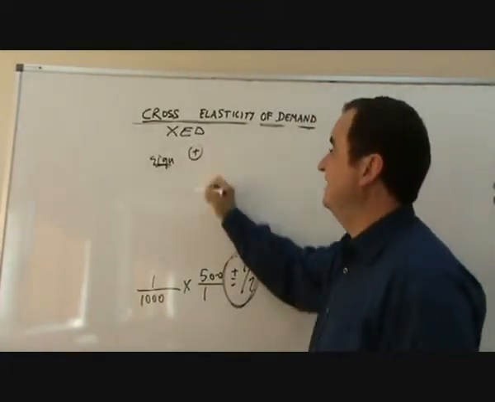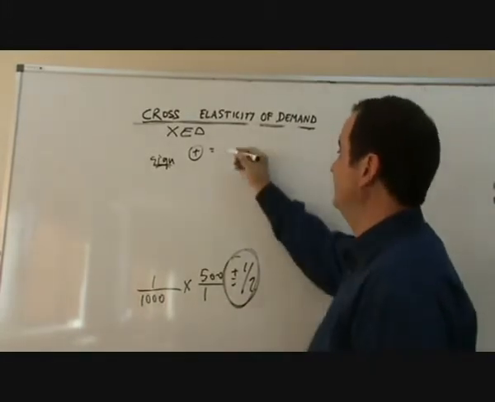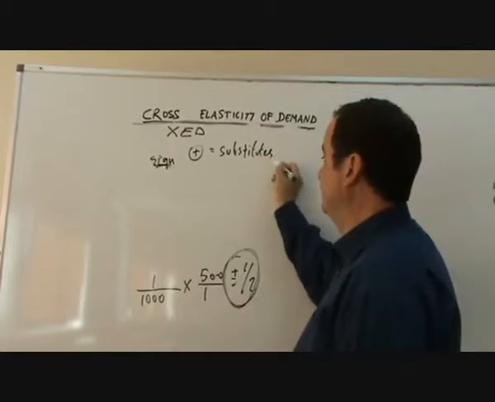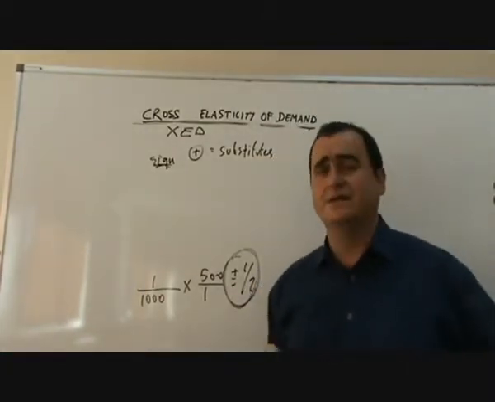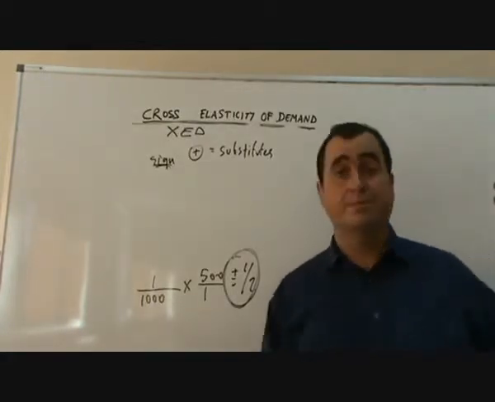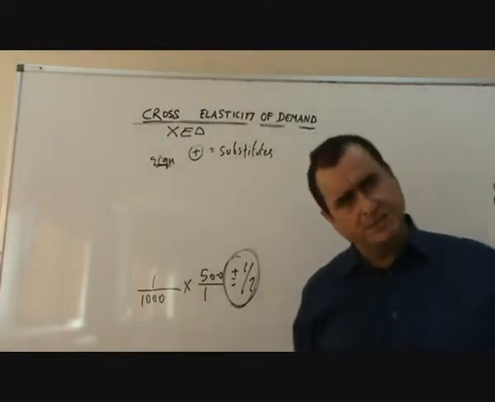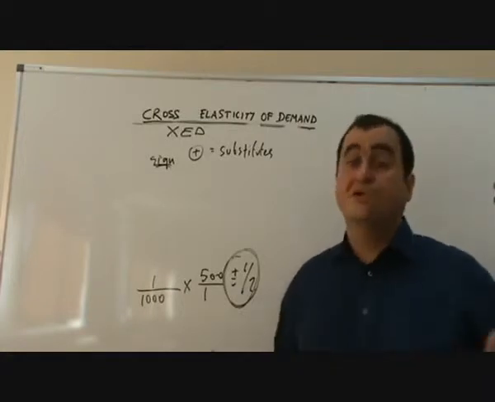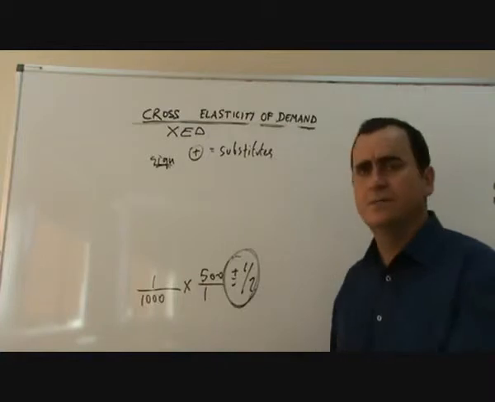We know that a plus value on cross elasticity of demand denotes that these goods are substitutes. Now, we might have expected Coke and Pepsi to be substitutes, but we couldn't be sure of it until we analysed the data. And the fact is that when the price of Pepsi goes up, probably there's reduced quantity demand for Pepsi. We're not looking at that. But we see that the rise in price of Pepsi has caused people to buy Coke. Probably what's happening is people are saying, oh, Pepsi's really expensive, don't want to buy Pepsi, I'll go and buy a Coke instead.